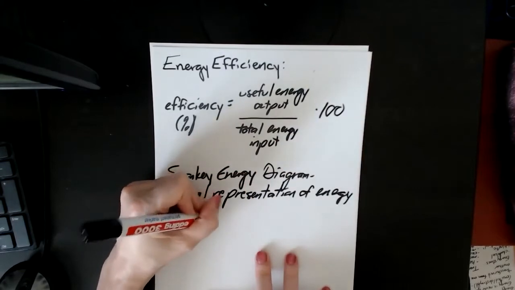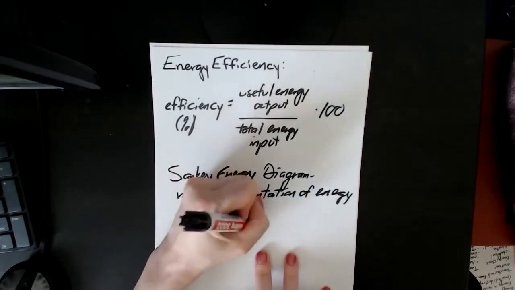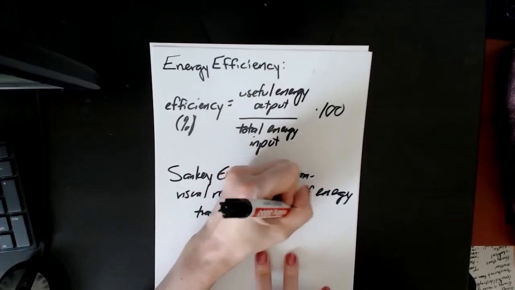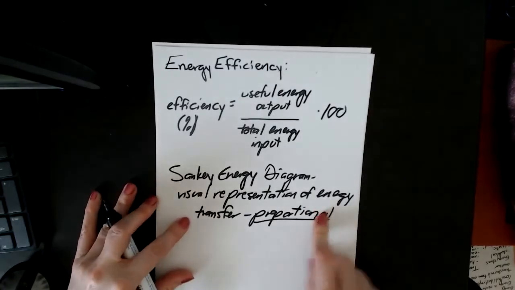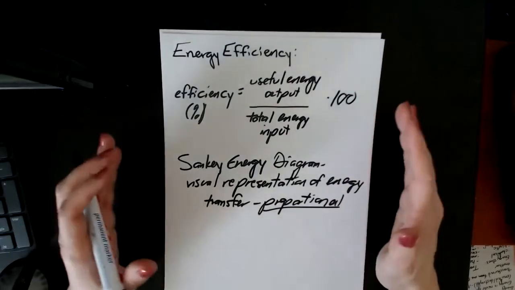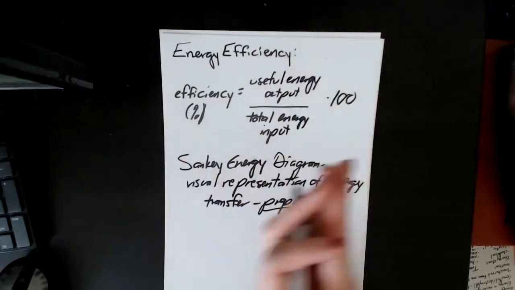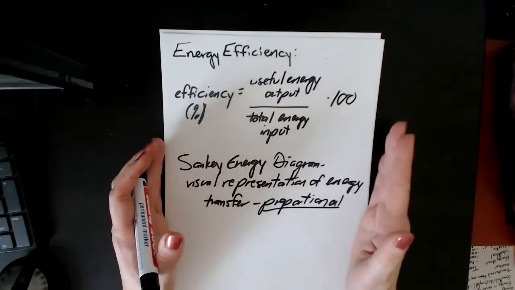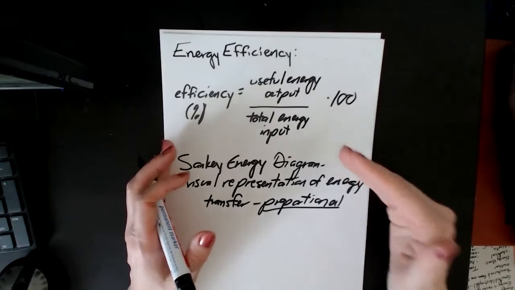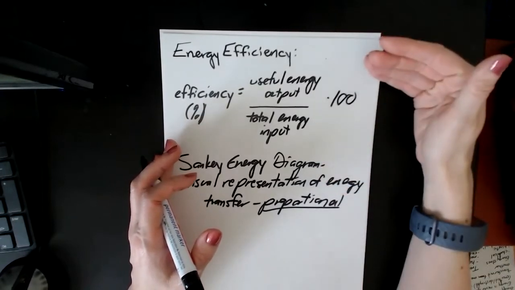And the idea is that it is proportional. All right. And so it's a visual representation of the energy transfer, which means that you're starting with one type of energy, you're going to another. How much of the energy that you're transferring is actually being used for what it's meant to be used for? All right.